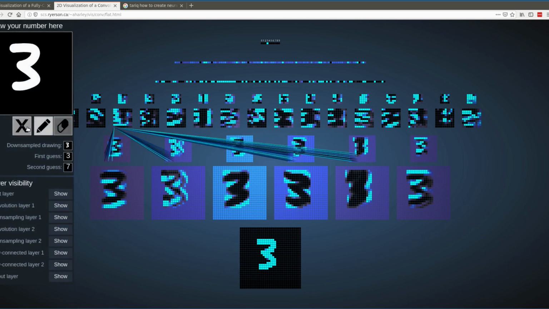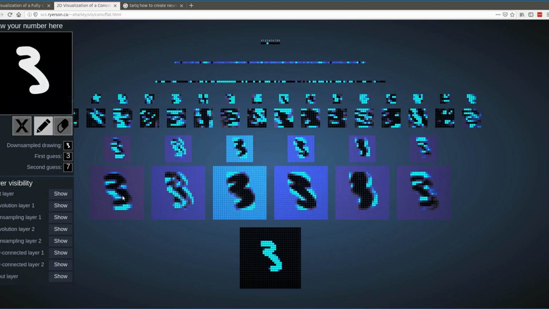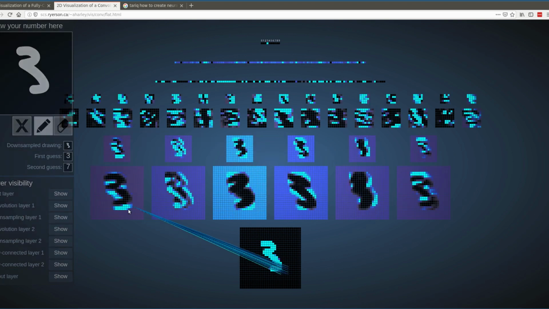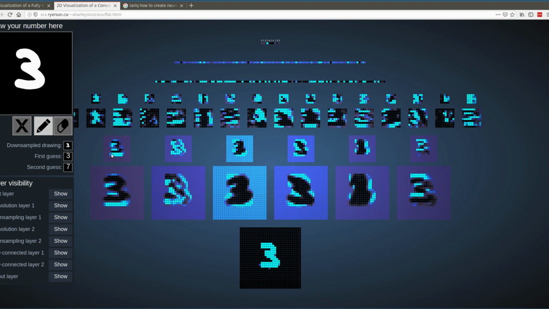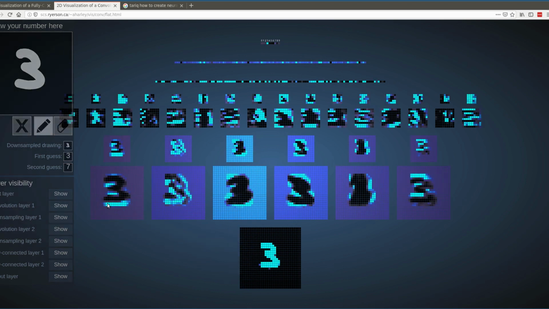If I write the 3 here again, I see again these inputs that are activated, that are more active, and recognize the number 3. So I can write a lot of 3s, and these neurons will recognize the number 3. So what I want to say is that this neural network is trained to recognize this pattern in this way.